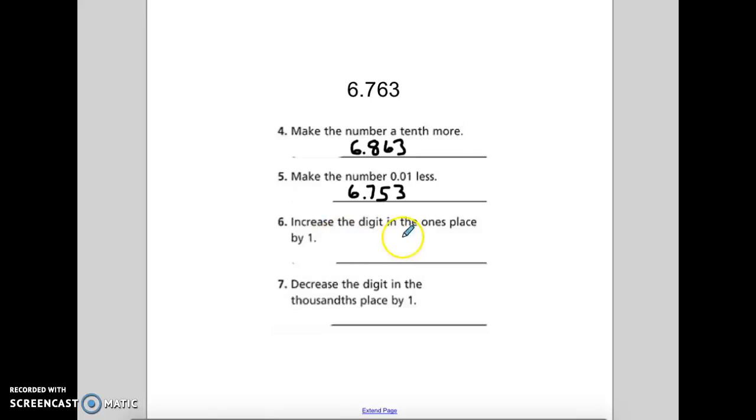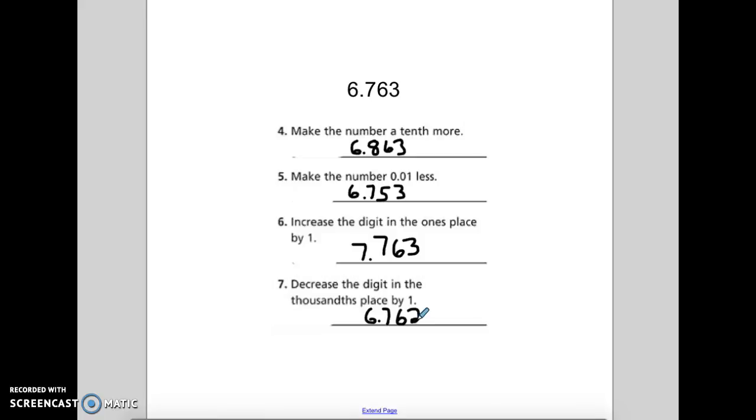When you increase that ones place by 1, you should end up with 7. And then lastly, decrease the digit in the thousandths place by 1. So go ahead and try that one. All right, you should have ended up with 6.762, or 6 and 762 thousandths.